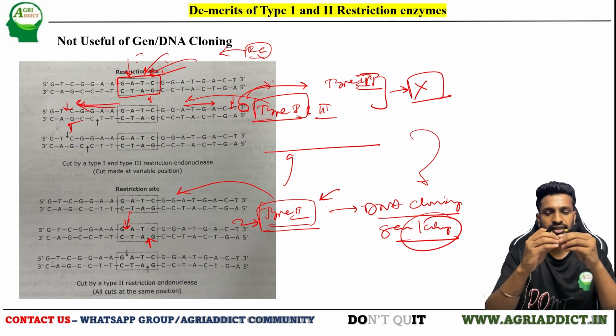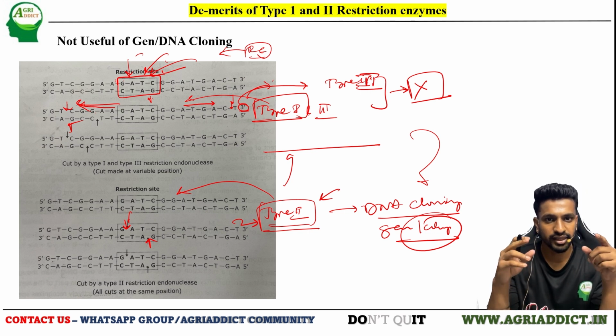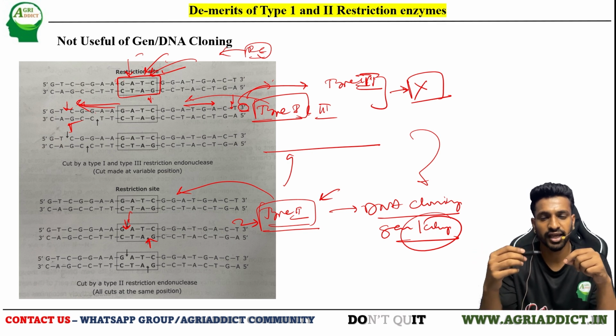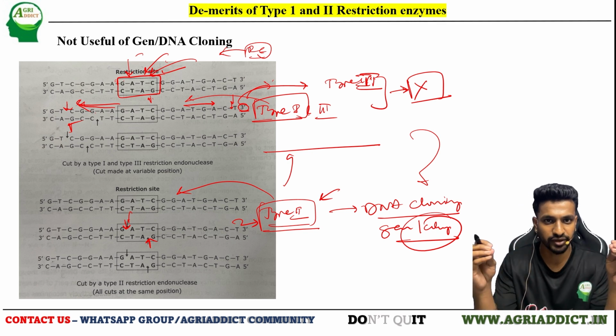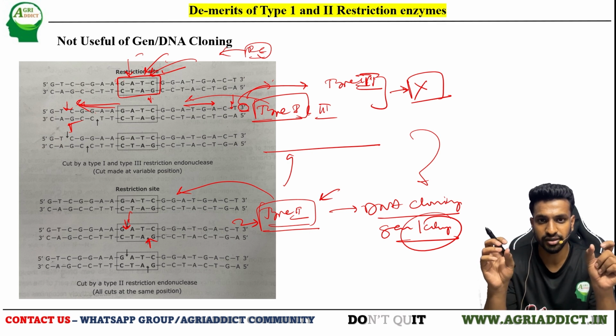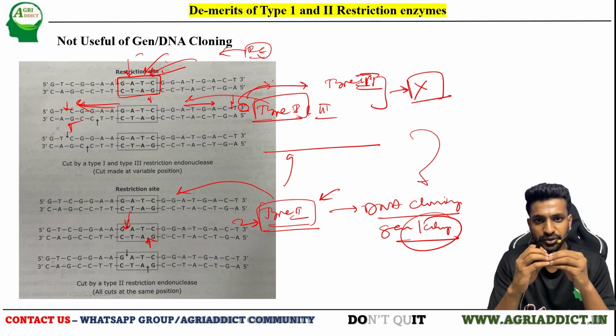For example, if I introduce the type 1 endonuclease to one stretch of DNA and it makes a cut at a certain location, the second time, if I introduce the same endonuclease to a different stretch of DNA, it won't produce the same cuts at the same location. This location will differ from sequence to sequence. Because of that, we cannot use it in gene cloning or DNA cloning.